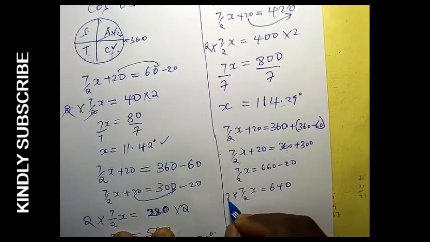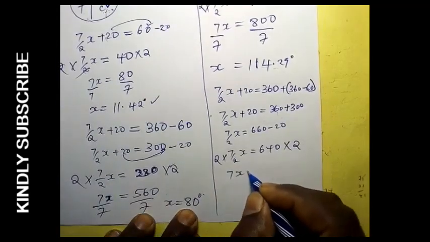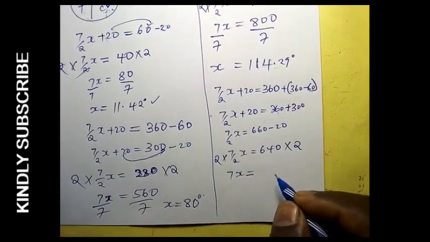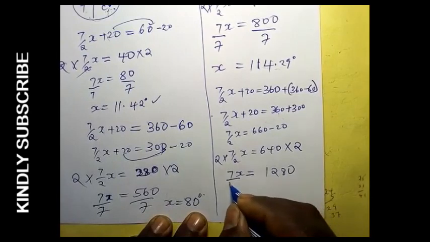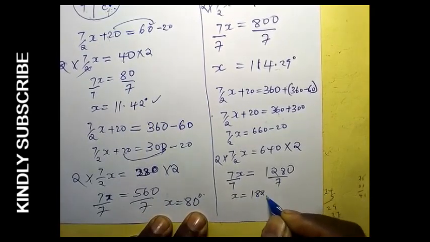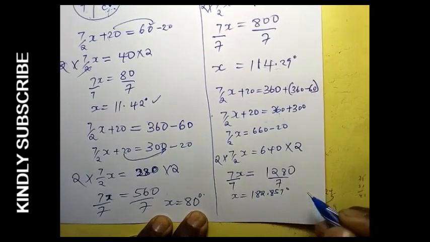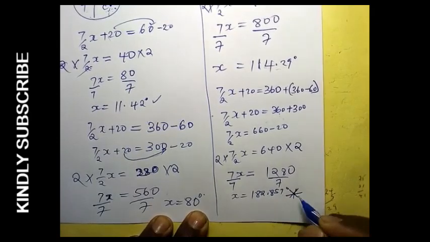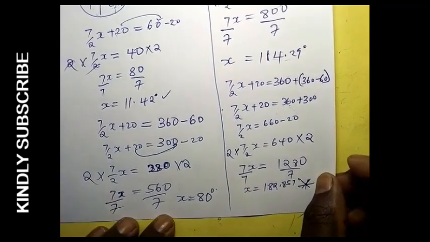Multiply both sides by 2 to remove the denominator, so 7x equals 1280. We divide both sides by 7, so x here is 182.857 degrees. As you realize, this has gone beyond 180, and therefore it is not one of our values.